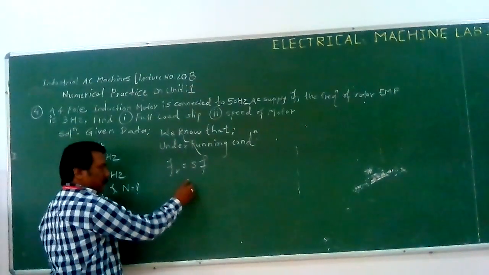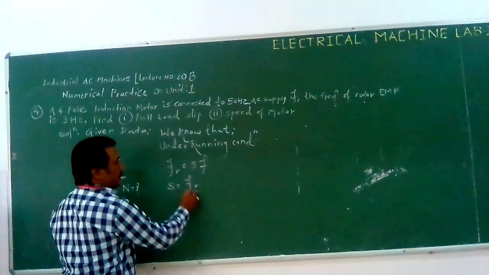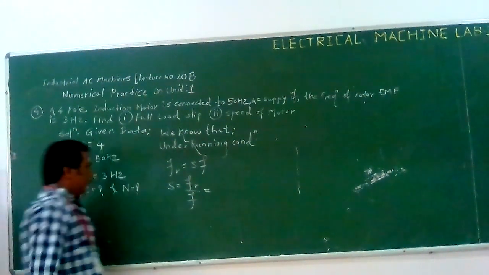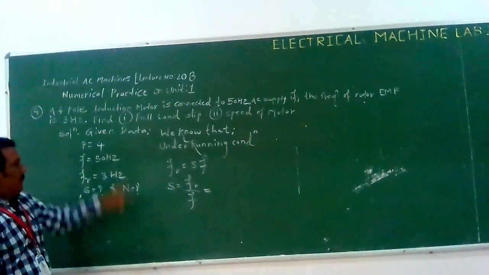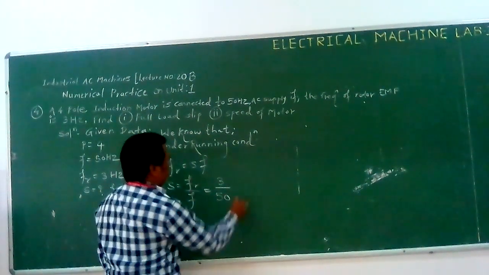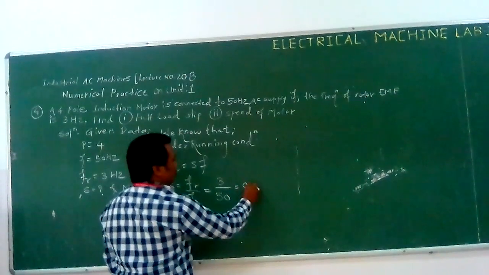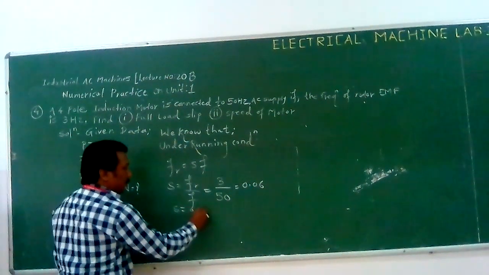Then by simplifying this, S becomes Fr upon F. Here Fr is given as 3 Hz and F is given as 50 Hz. Fr upon F is 3 upon 50. Then by simplifying this, we get 0.06. Then S is equal to 0.06.